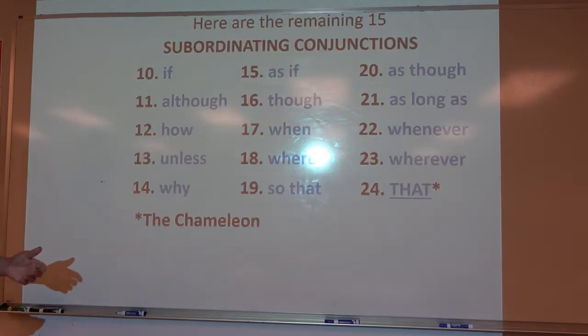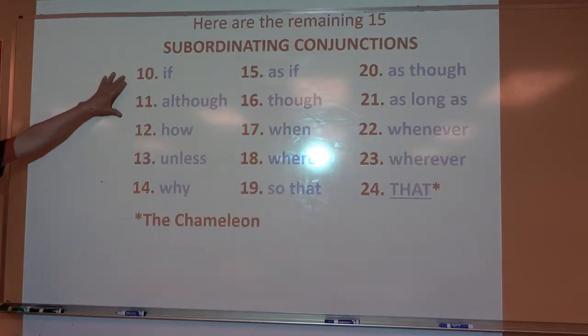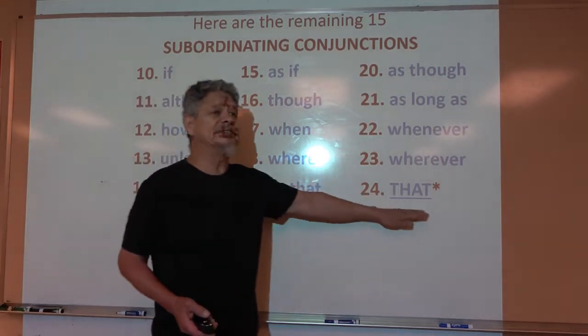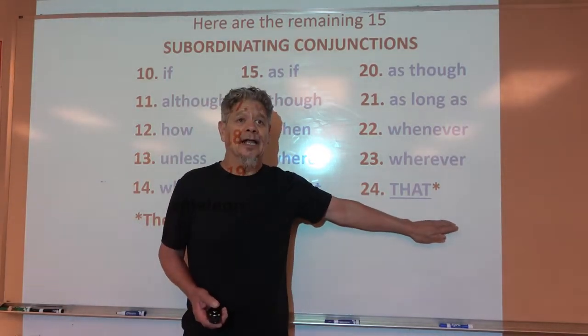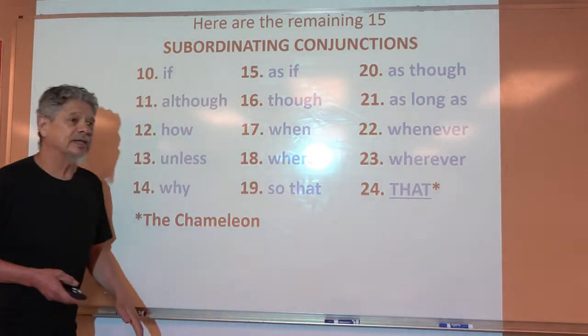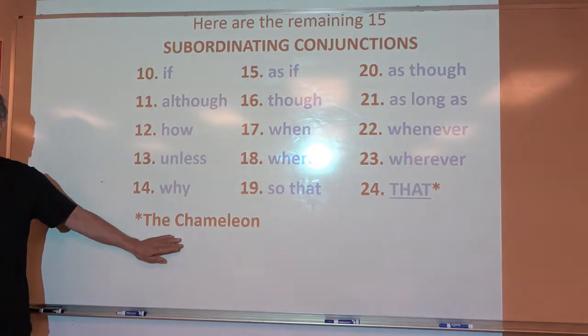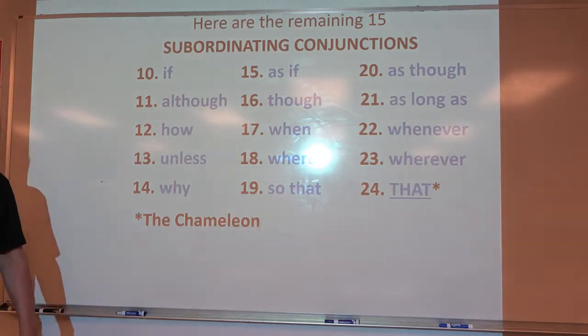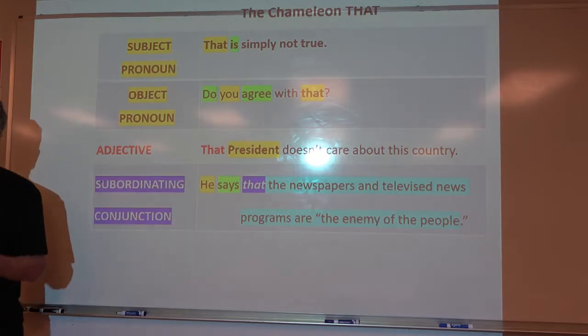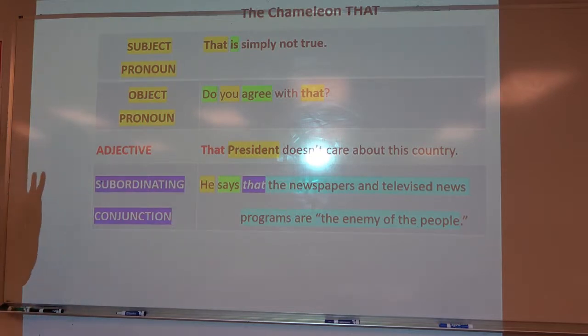So I want to get back to the 15 other subordinating conjunctions because I need to focus on this guy. And I talked about that in video 7, and I called it the chameleon. I called it the chameleon because it is the only word in English that can function in 4 totally different ways.